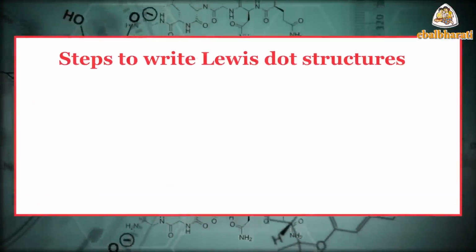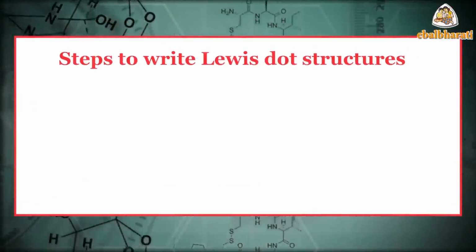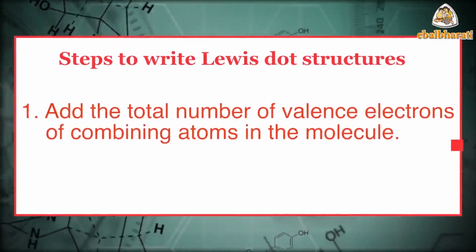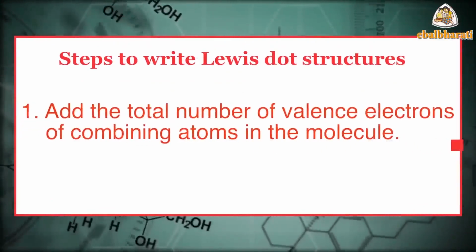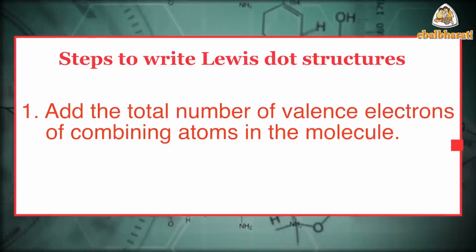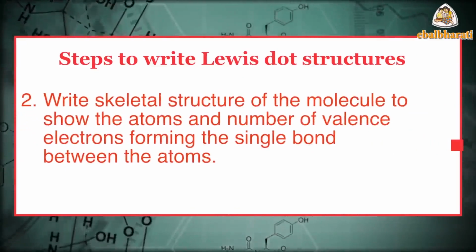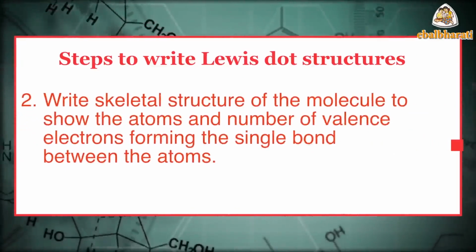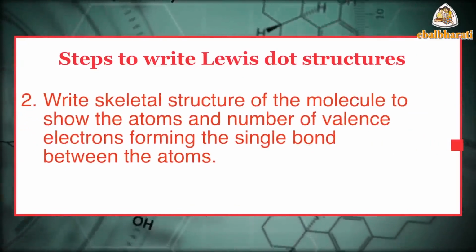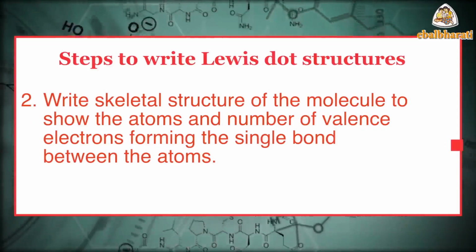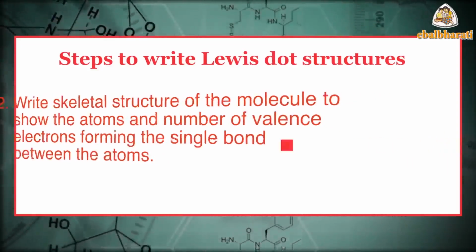Steps to write Lewis dot structures. First, add the total number of valence electrons of the combining atoms in the molecule. Second, write the skeletal structure of the molecule to show the atoms and the number of valence electrons forming the single bond between the atoms.